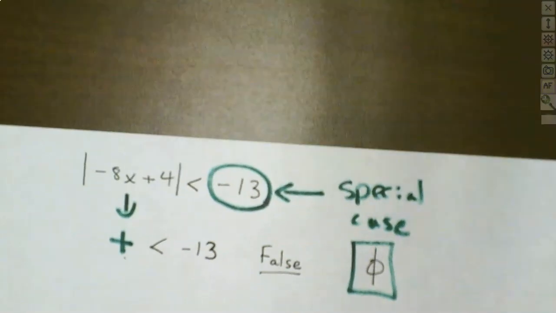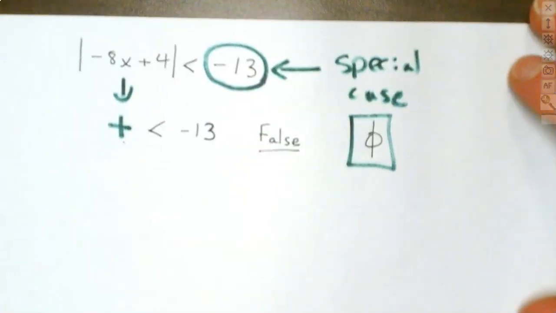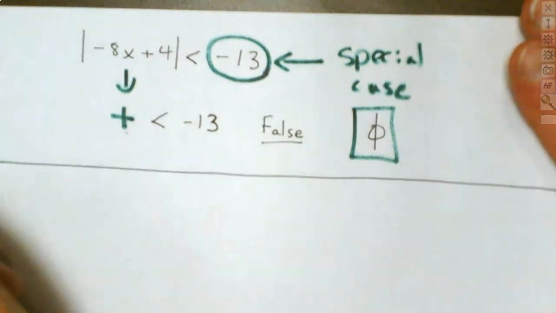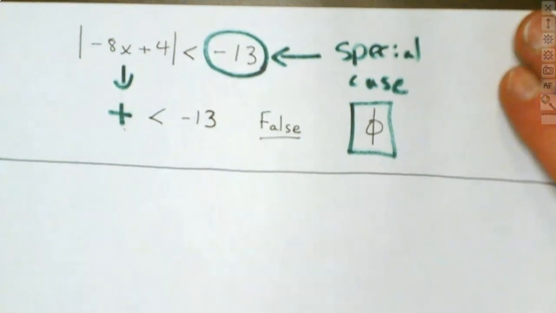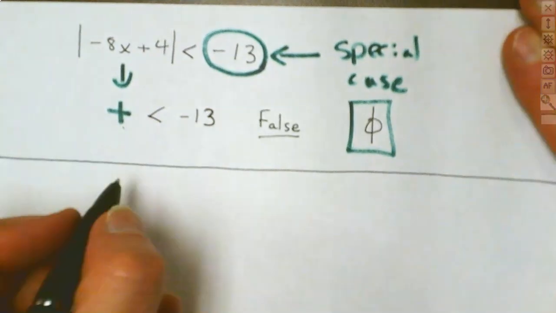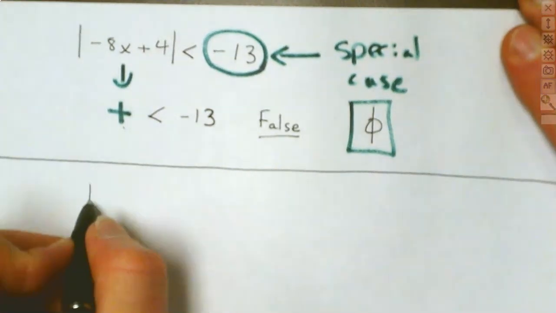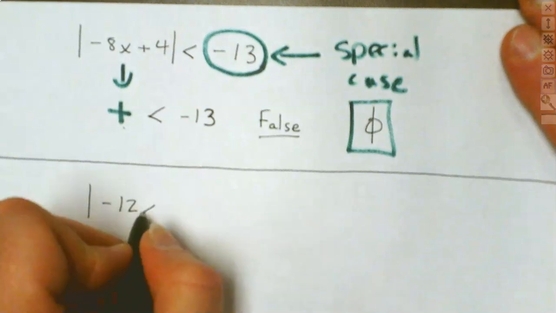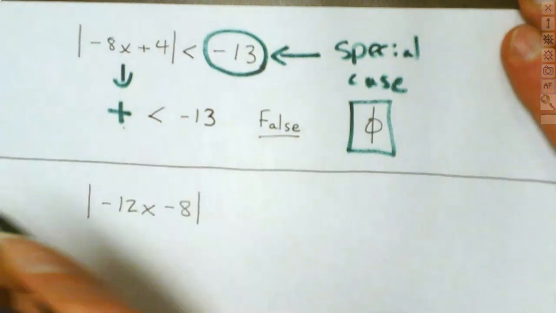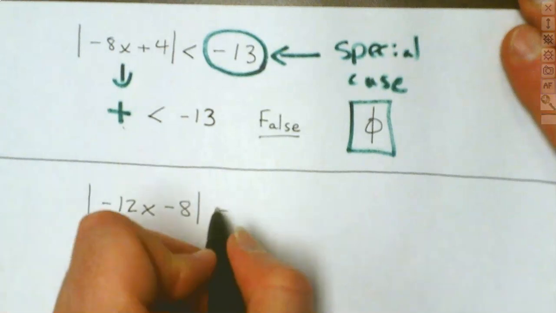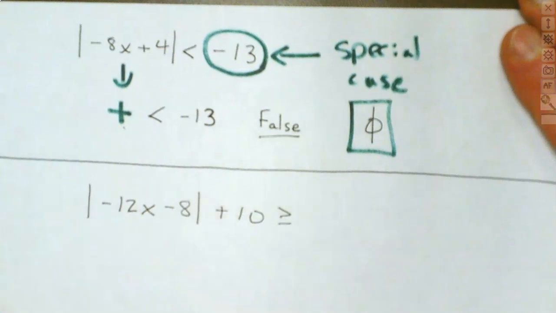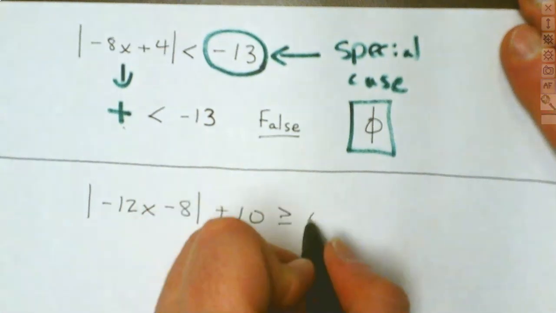So we'll do the next one that'll make it true. These can either be true or false. You just assume it's positive and see if it's true or false from there, depending upon what you got. How about the absolute value of minus 12x minus 8 plus 10 is greater than or equal to 4.